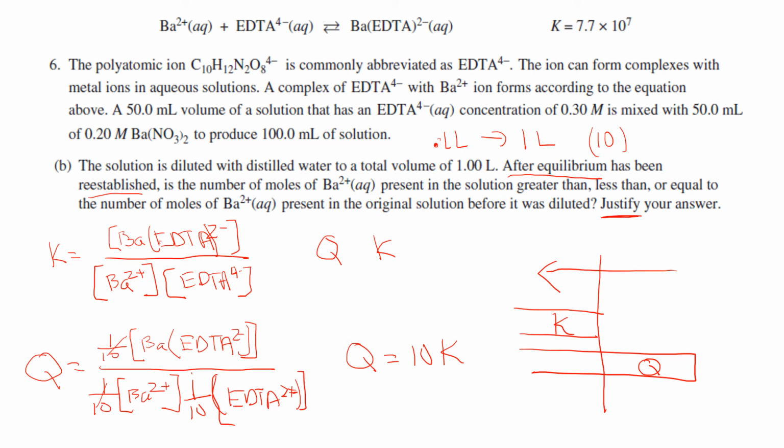If I am shifting in this direction, the concentration of my complex is going to go down, and the concentration of my reactants is going to go up. The number of moles of barium is going to be greater than the number of moles present in the original solution, because I'm going to have to make a shift to reestablish equilibrium. And that takes us to the end of problem 6 in 2016.